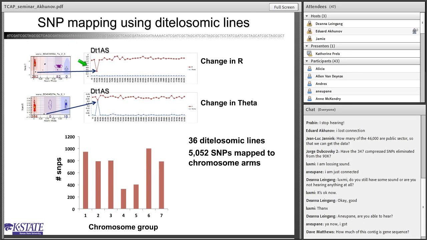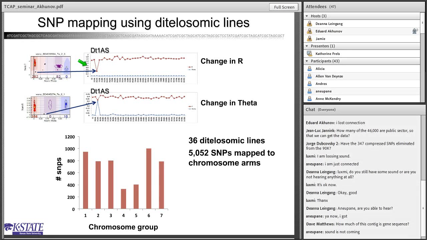For example, this is the example of the ditelosomic 1AS line, and you may see that the hybridization intensity for a SNP that is located on the long arm of chromosome 1A is changed in ditelosomic 1AS. The ditelosomic 1AS line is the line that has the 1AS arm and the missing 1AL arm. And this data was used for assigning SNPs to the chromosomal arms.